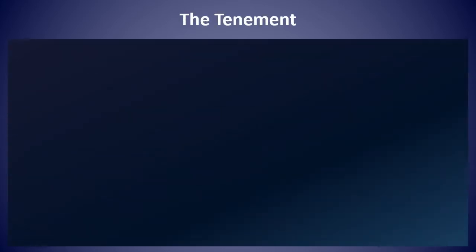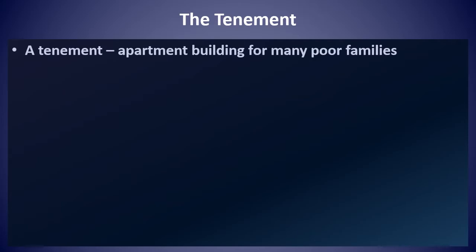What the heck is a tenement? It's just an apartment building for lots of poor folks. It's not a particularly well-built apartment building, and has lots of problems usually. I'm going to show you plenty of pictures of what these tenements look like.